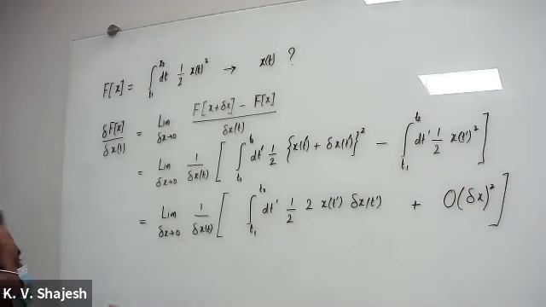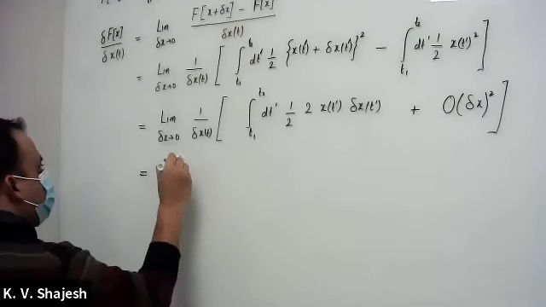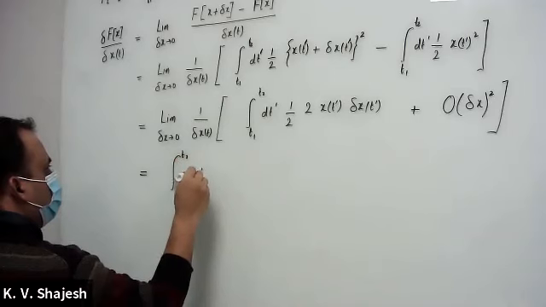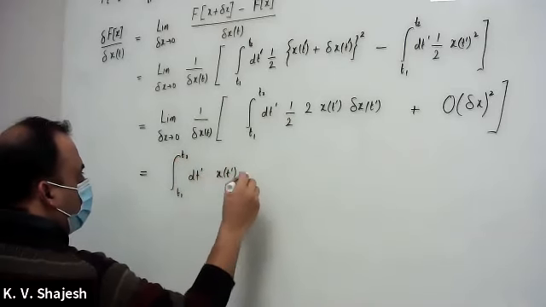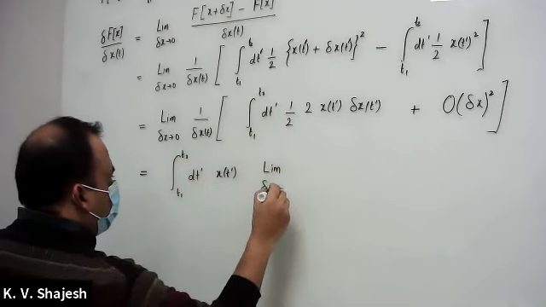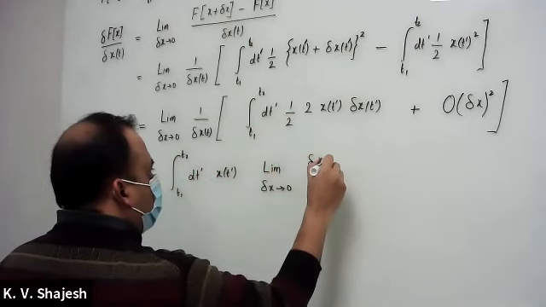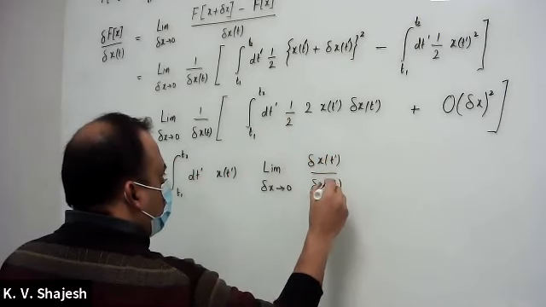But then I do the same thing again here. From this point on, it's the same as what we did in the earlier board. That's equal to the integral from t1 to t2 of dt prime, 2 and 2 cancels out, x of t prime, and we have the limit delta x tends to 0 of delta x of t prime over delta x of t.